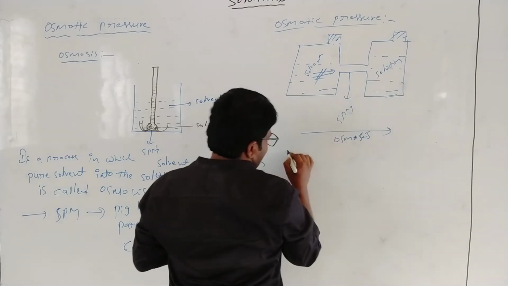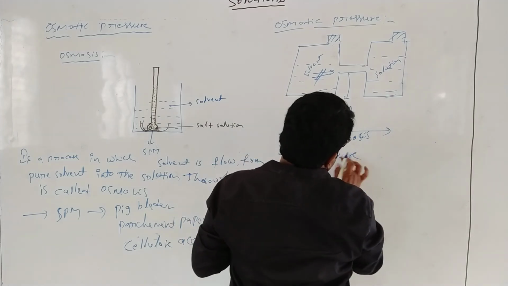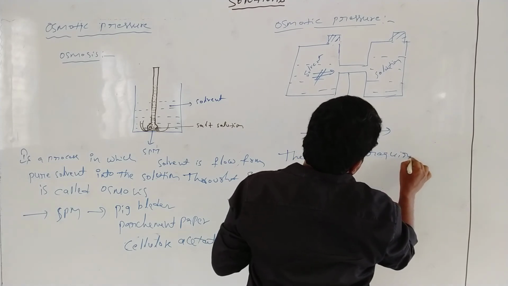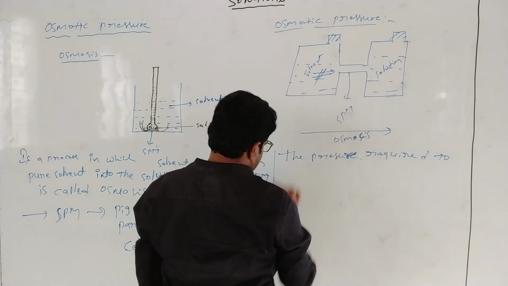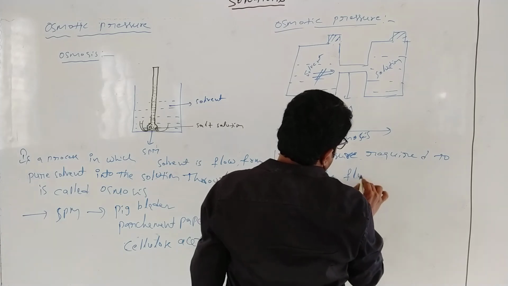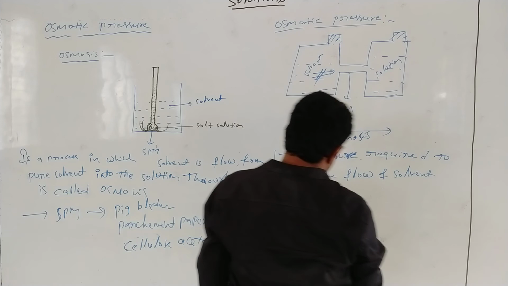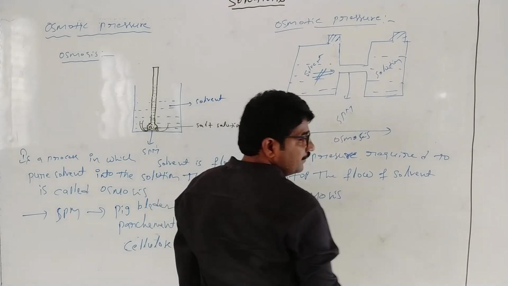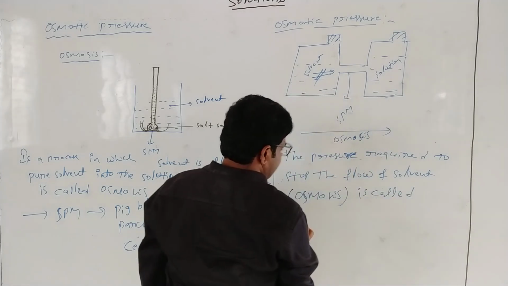So the pressure required to stop the flow of solvent, or osmosis, is called osmotic pressure.